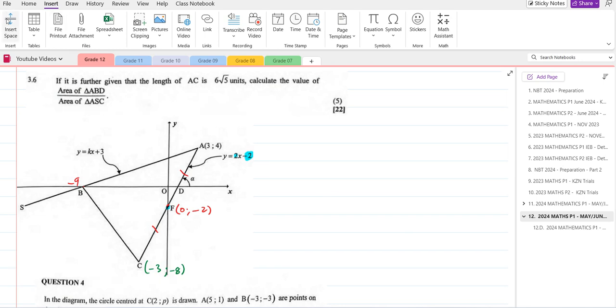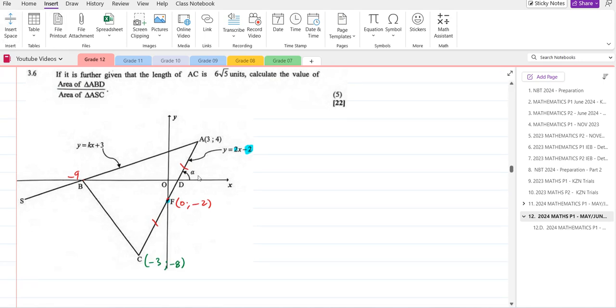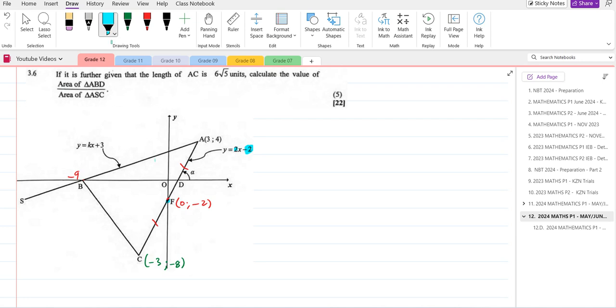So we want to calculate the area of triangle ABD over the area of triangle ASC. Let me join a line from S to C.